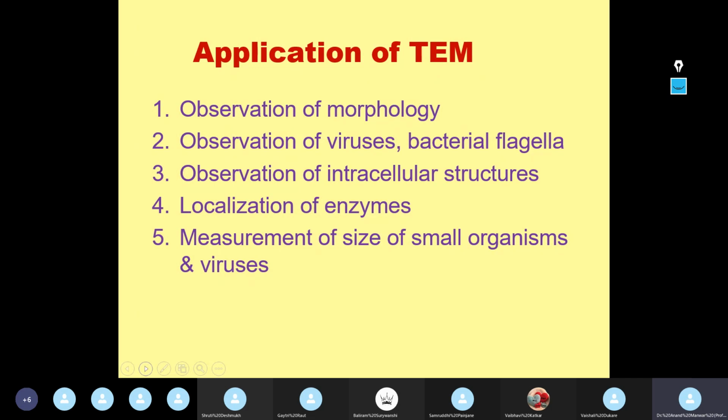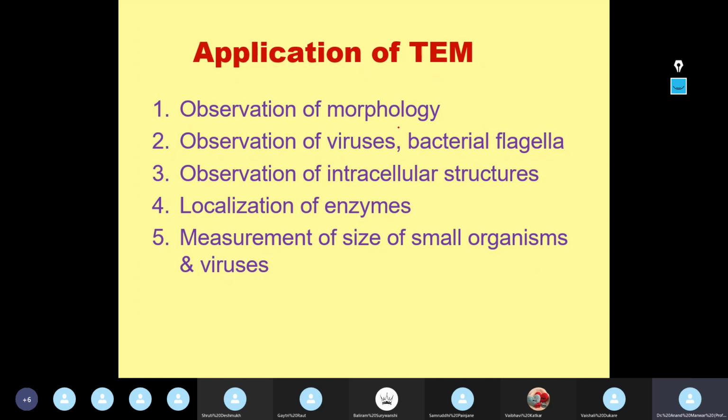So for observation of objects having dimension less than 0.2 micron, you need to go for electron microscopy. Among them also, if you are interested in internal structure of the specimen sample, you need to go for transmission electron microscopy, because in transmission electron microscopy, the electron beam is transmitted through the specimen sample. Right?